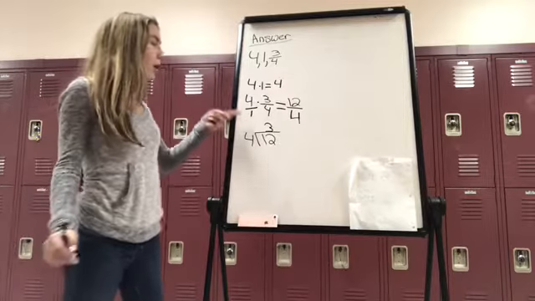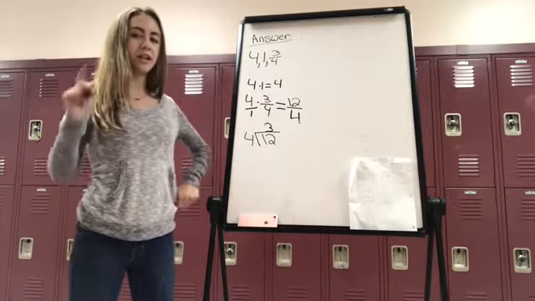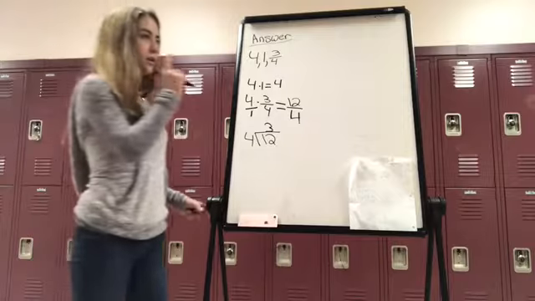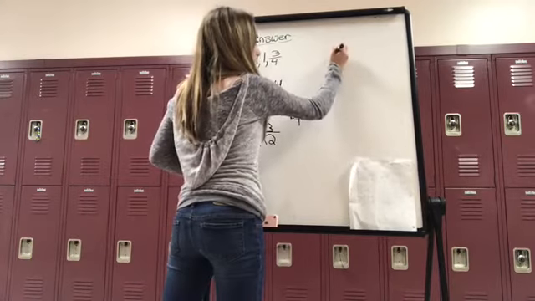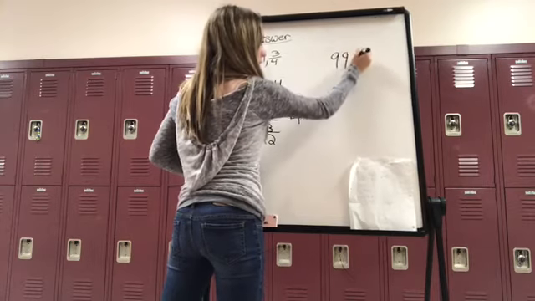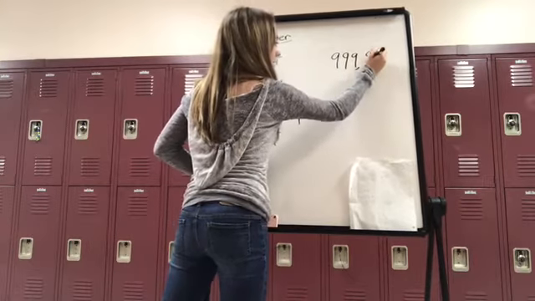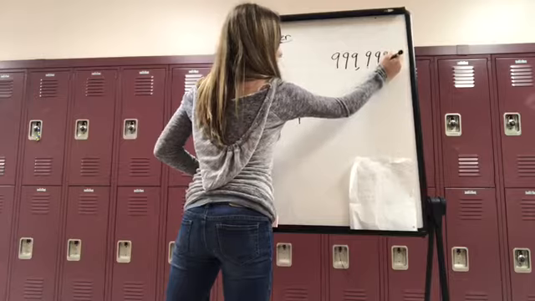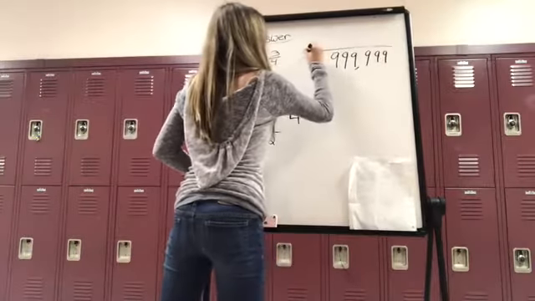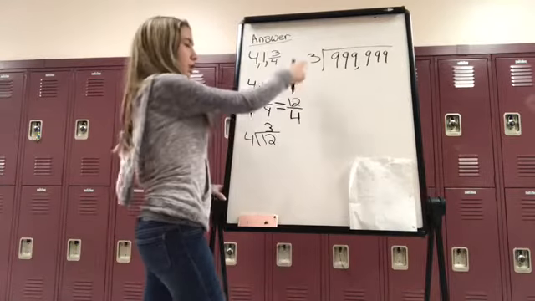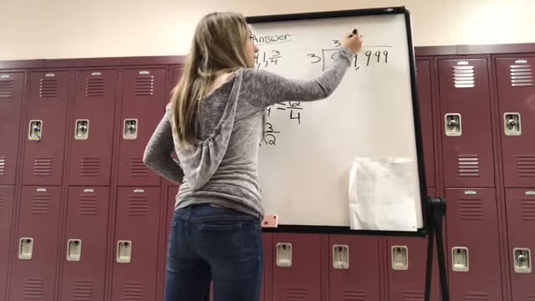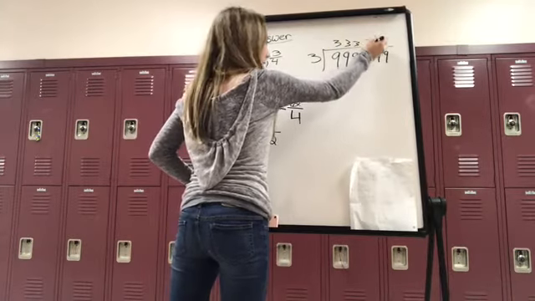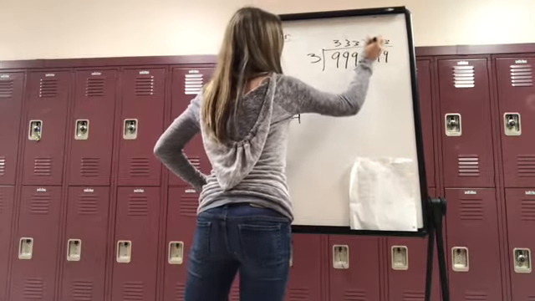Now that we have all our answers multiplied by each other, we need to divide 999,999 by 3. 9 divided by 3 is 3, and again, and again, and again, and again.